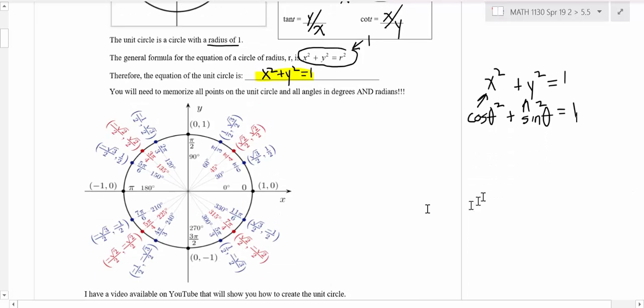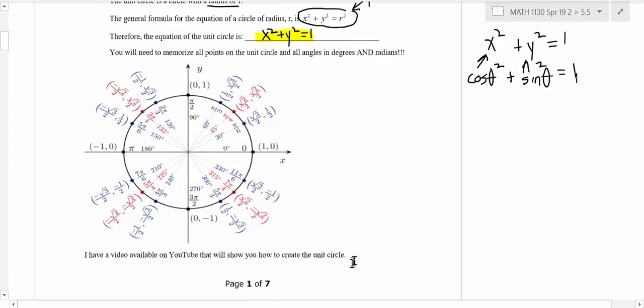Here's the idea. This is the unit circle, and you're going to have to memorize this. We require everybody to memorize this. It looks intimidating to students, but it is not. I'm going to show you the idea of how you can develop this.